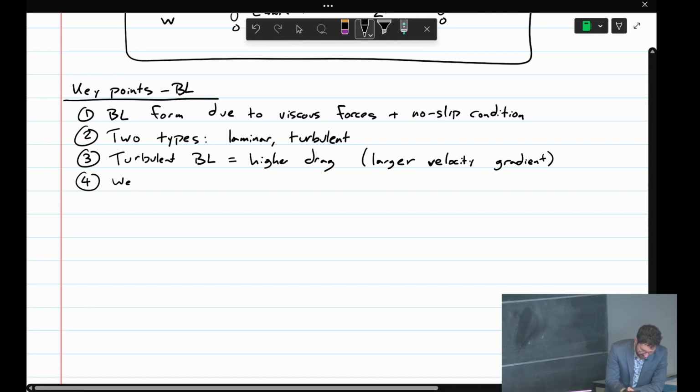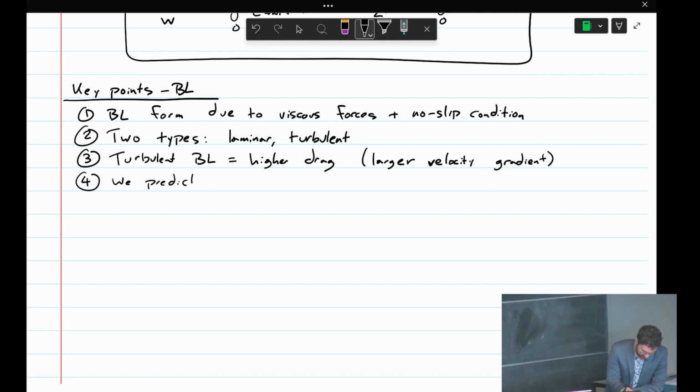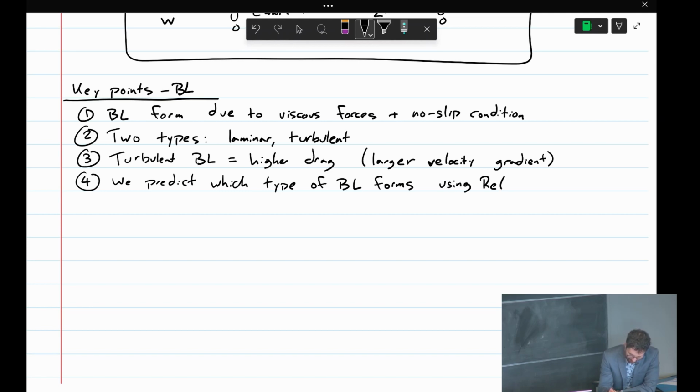The next point is we predict which type of boundary layer forms using the Reynolds number. And it's not just the Reynolds number, it's the Reynolds number plus some value of the Reynolds number at which we think it's going to become laminar or turbulent.